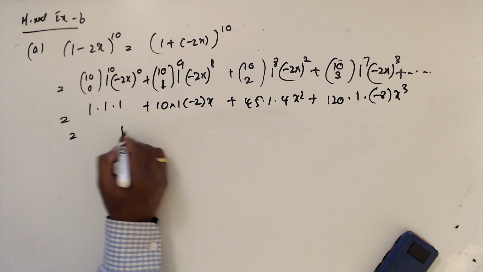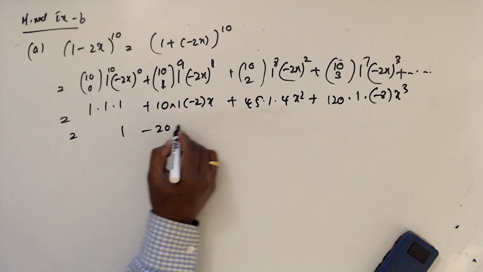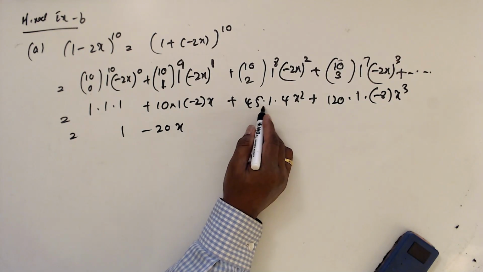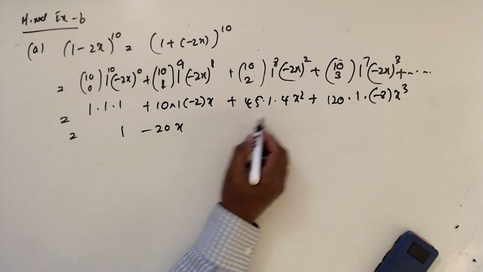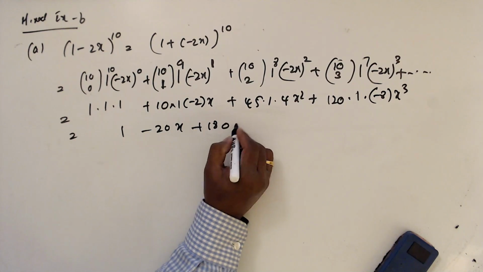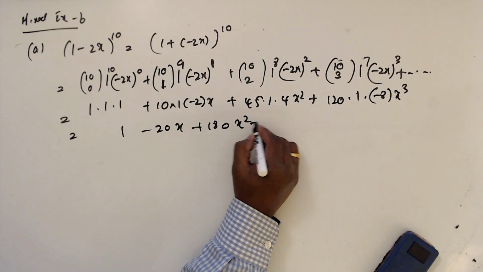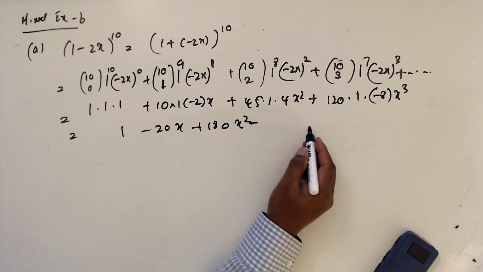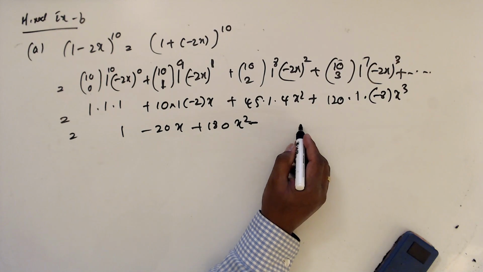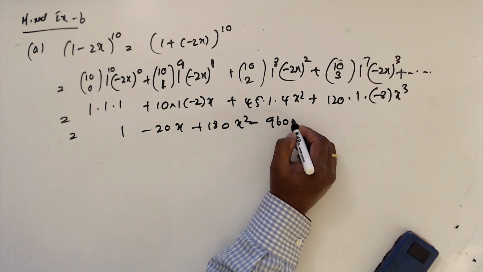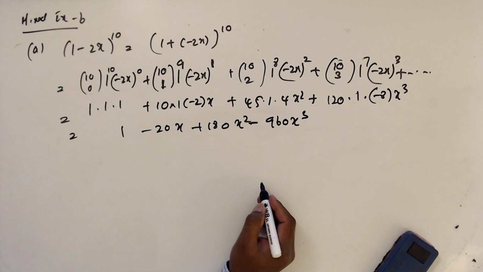So this is 1 minus 20x, 45 times 4 is 180 x squared, minus 120 times 8, 960 x cubed.